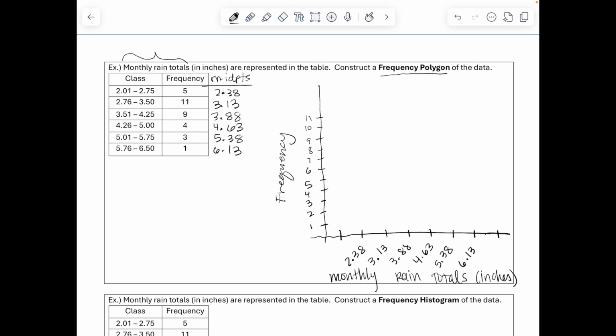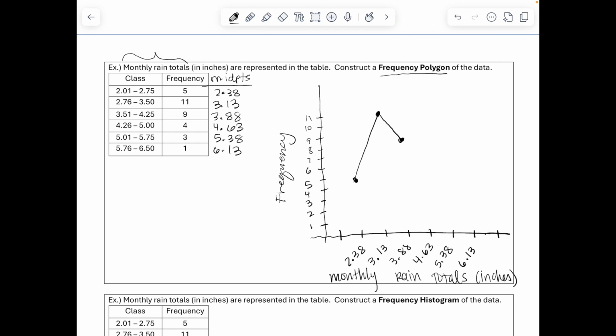And so starting off and plotting our midpoints and frequencies that correspond to them, the first one at 2.38, we have a frequency of 5. At 3.13, we have a frequency of 11. And I'm going to connect those 2 points with a straight line. The next midpoint is 3.88 with a frequency of 9. Again, connecting those 2 consecutive points with a straight line.